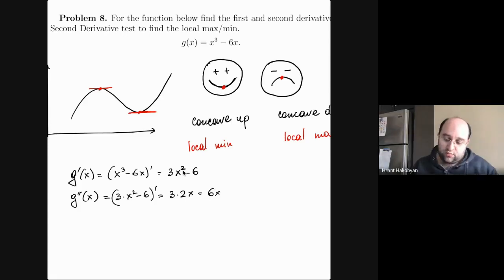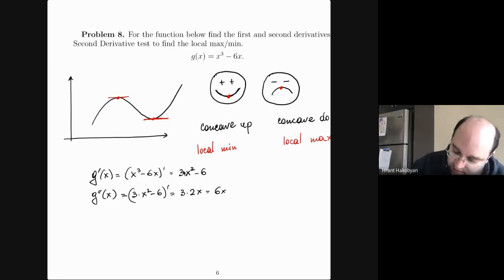Okay, so what are the places where I have a local maximum or minimum? Those are the places where my derivative is equal to 0, so I have to look at the zeros of x squared minus 2, and set it equal to 0.